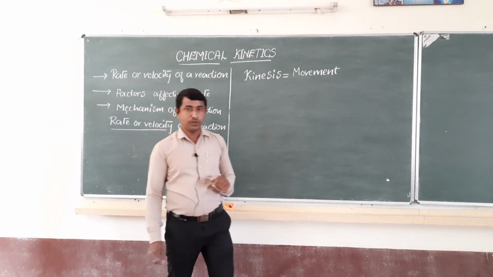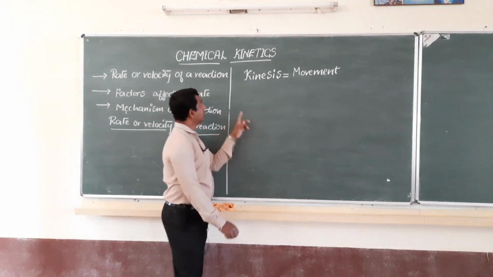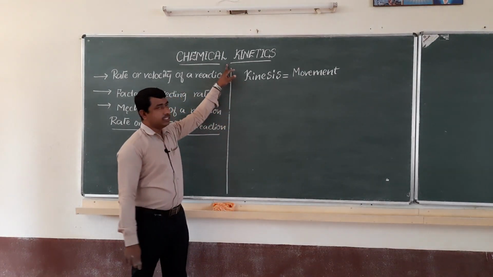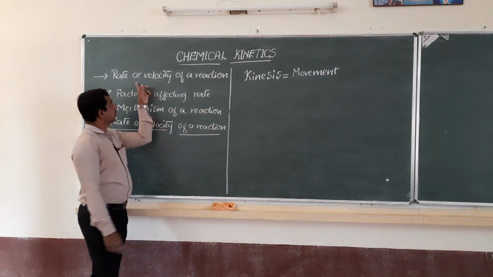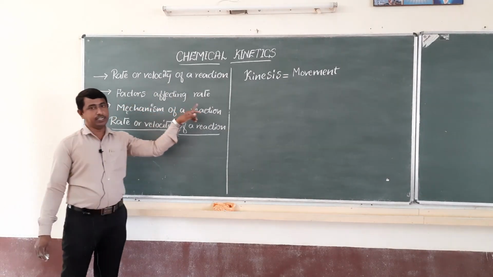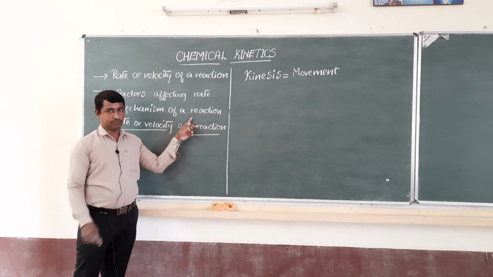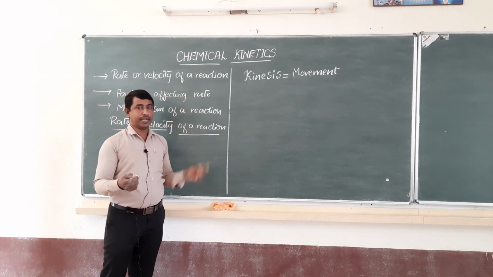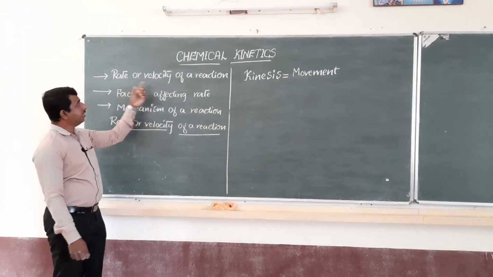Now let us see the definition of chemical kinetics. We can define chemical kinetics as the branch of chemistry which mainly deals with the rate or velocity of a reaction, factors affecting rate, and also the mechanism of a reaction.